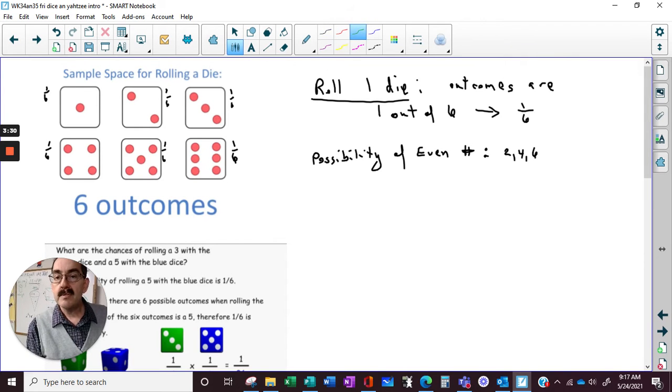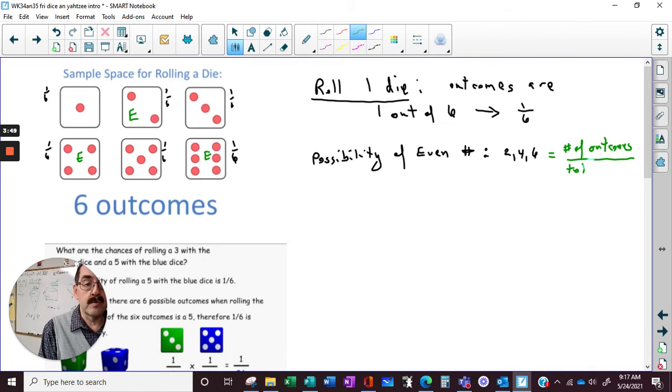So let's just mark those. Even, even, even. It's the number of outcomes over the total possible outcomes. So in other words, 3 out of 6. Half the time, you're going to get an even. Half of the time.